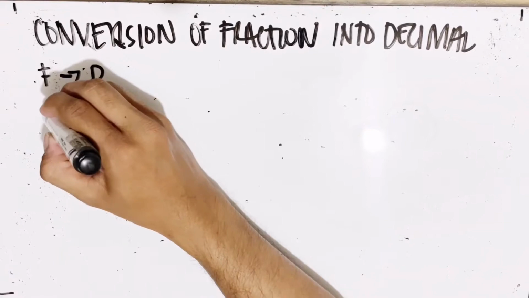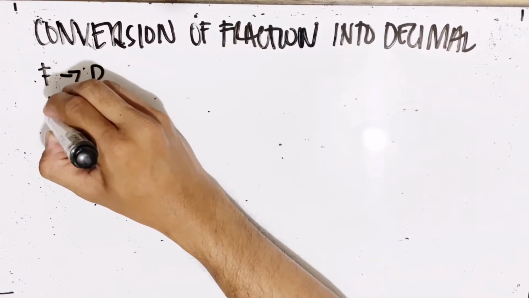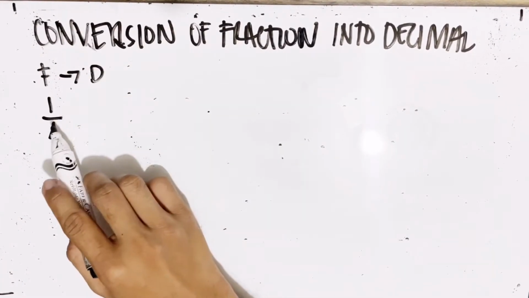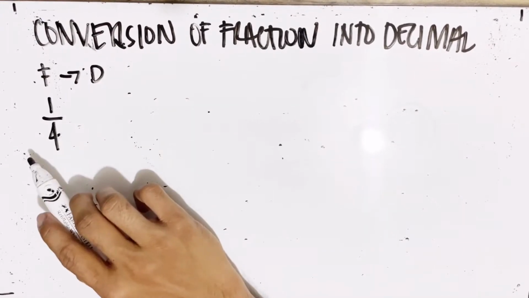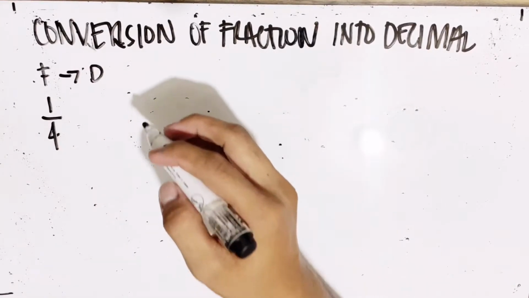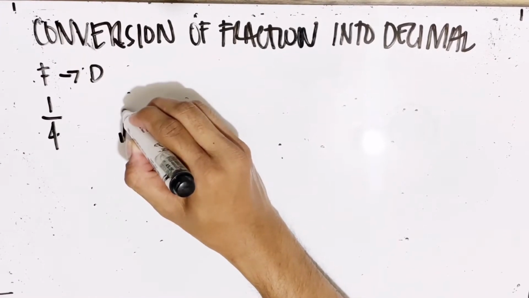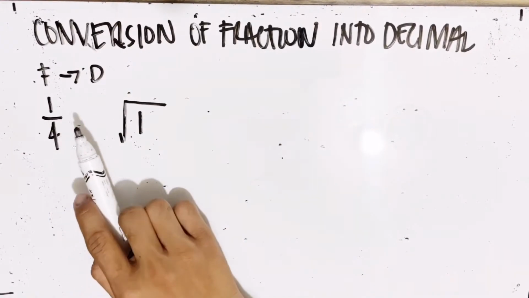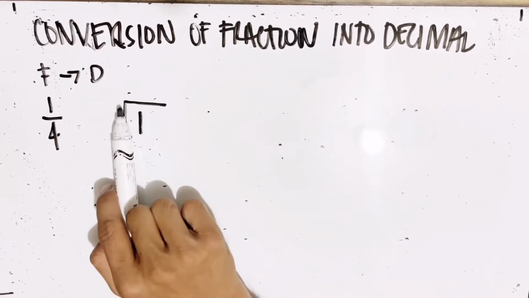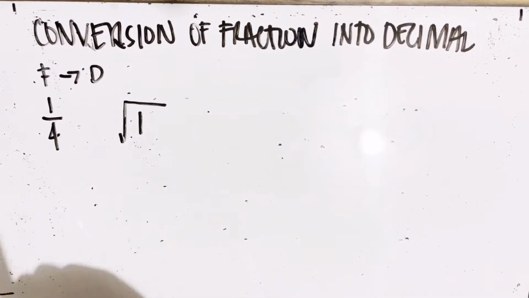Example of a fraction is, let's have 1/4. Let's convert this one into decimal. So first thing is we write this one in this way. One is the dividend, which is placed inside this one, and 4 is the divisor.